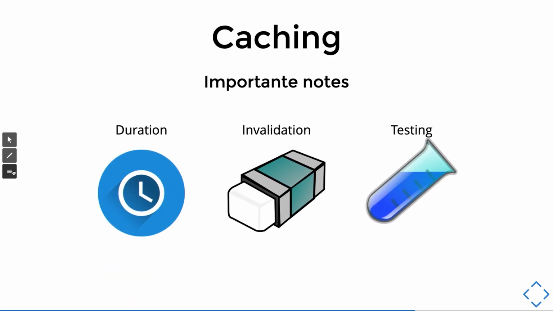There are some important notes about cache. The first one is duration. Again, it depends on the business you have, but for us it's so easy to set, because we refresh data each week.